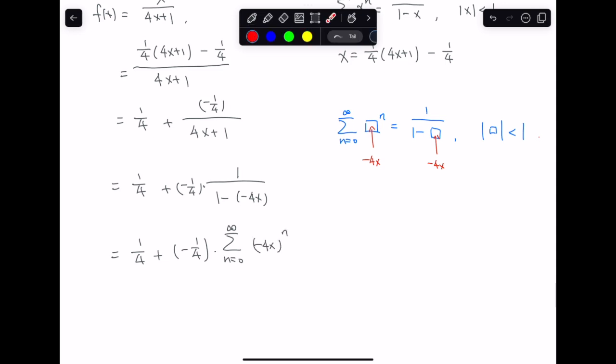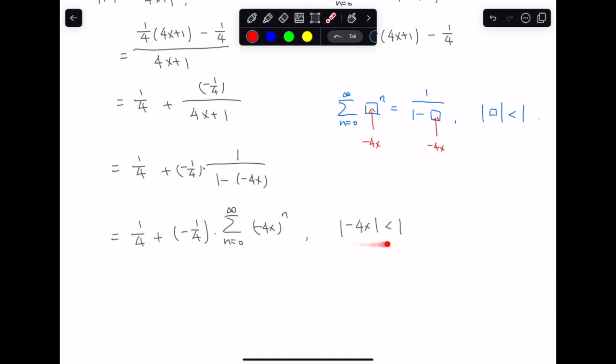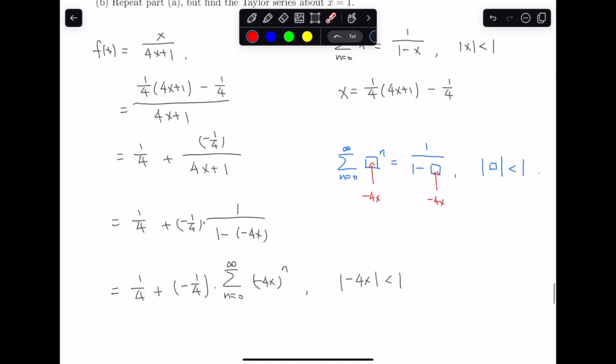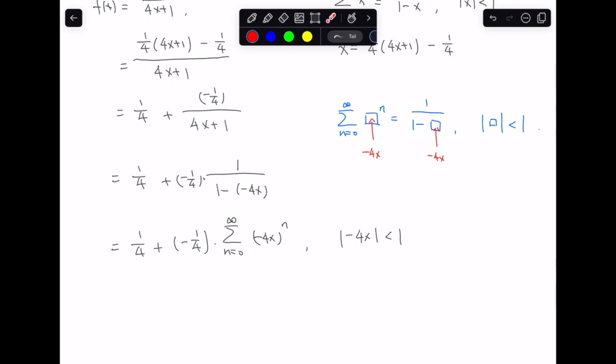As soon as we write out this formula, we need to be aware that the interval of convergence is going to be the absolute value of negative 4x less than 1, because that's where the previous expression is equal to this expression. Without this step, it is not going to be valid. So we need to constantly keep that in mind. Okay, so this question is almost done, except we might need to do a little simplification at this step here.